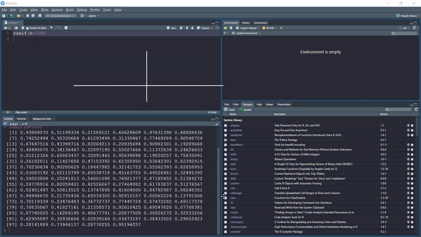It's runif. What it is, there are many distributions in probability. So for example, a coin toss, that's a uniform distribution. If each outcome has the same likelihood, that's a uniform distribution.